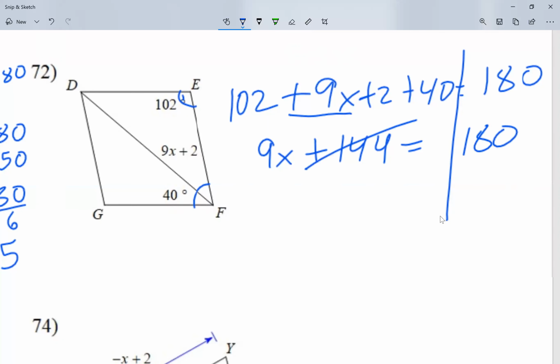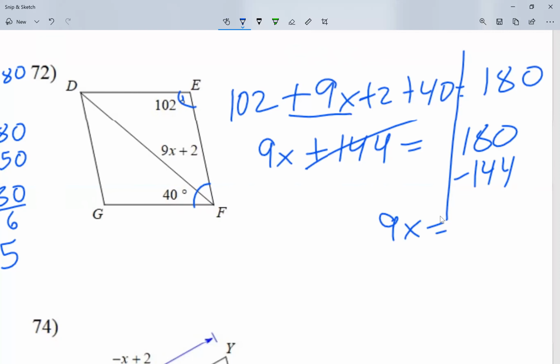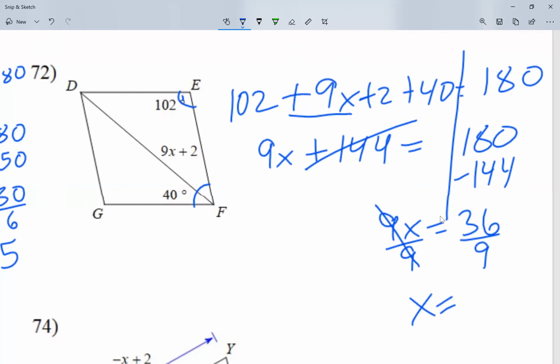The plus 144, let me move it over as a minus 144. So I get that 9x equals 180 minus 144, that's 36. So I have 9x equals 36. To get x by itself, let's divide by 9. 36 divided by 9 is 4.